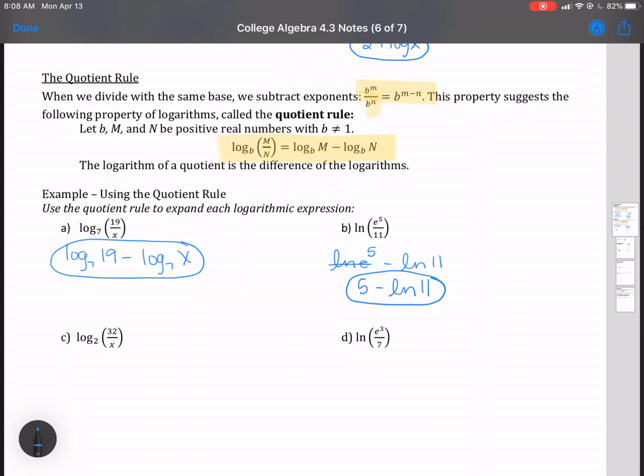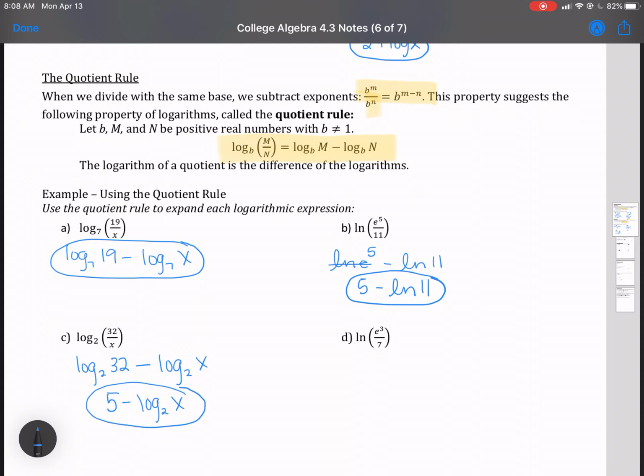Log base 2 of 32 divided by x becomes log base 2 of 32 minus log base 2 of x. So 2 to what power is 32? That is 5 minus log base 2 of x.